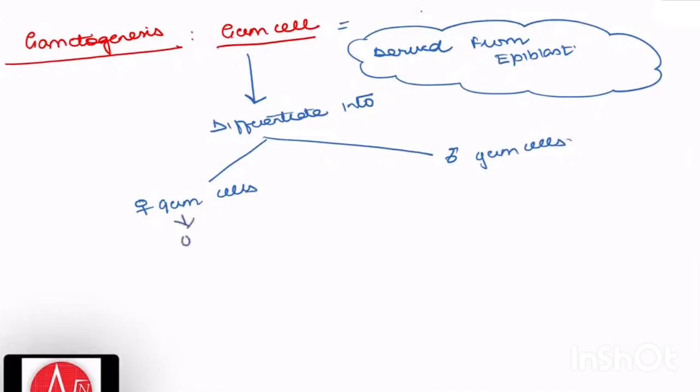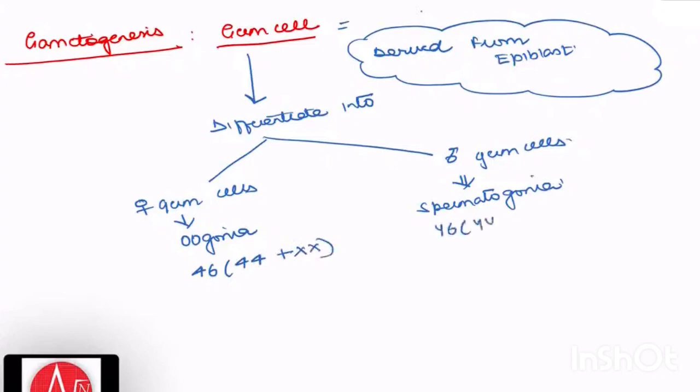Female germ cell is oogonia and male germ cell is spermatogonia. Chromosome number of both of them is 46. Oogonia is 44 plus XX. Spermatogonia is 44 plus XY.